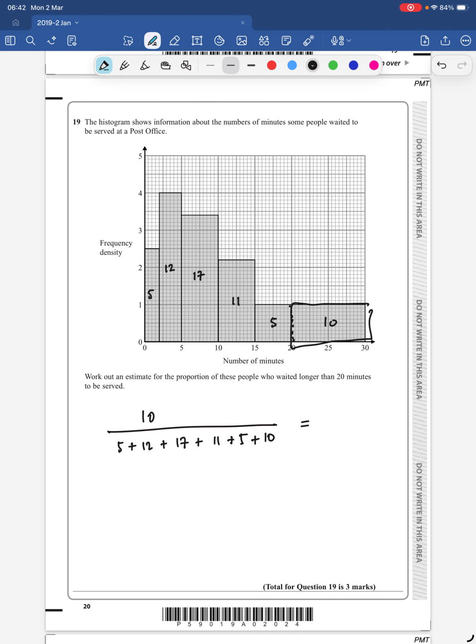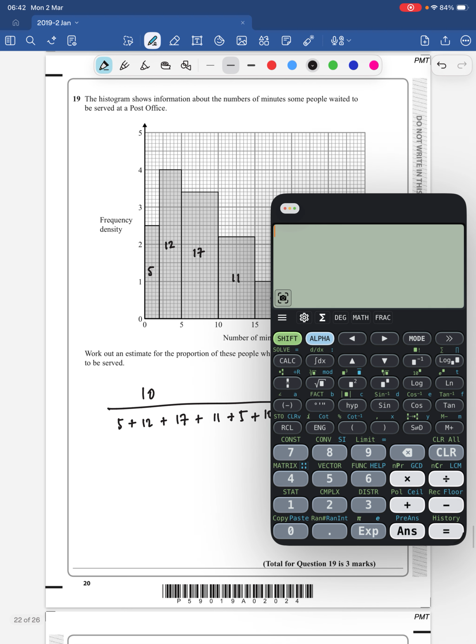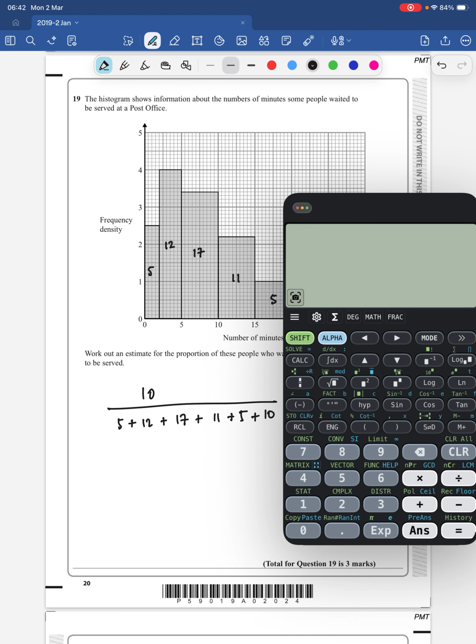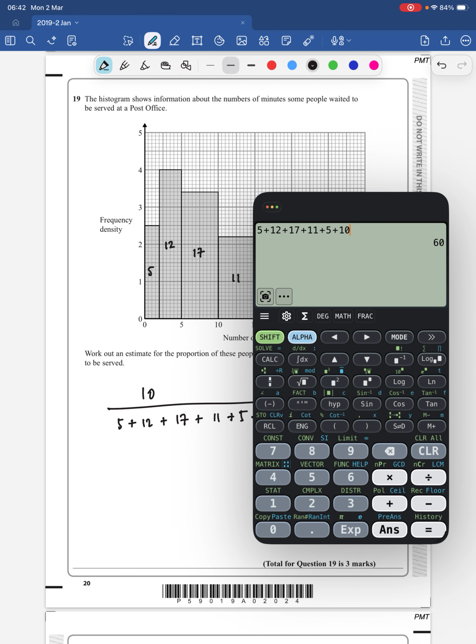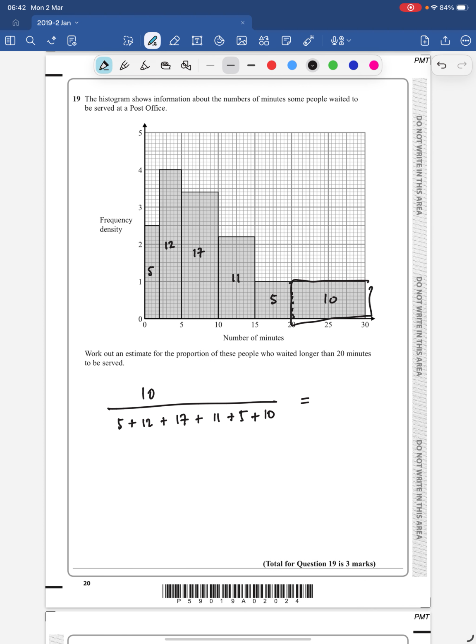And I'm going to work that out on my calculator, just to make sure that I don't make a mistake there. 5 plus 12 plus 17 plus 11 plus 5 plus 10, and that gives me 60. So that looks good. Equals a sixth, and that's my proportion.